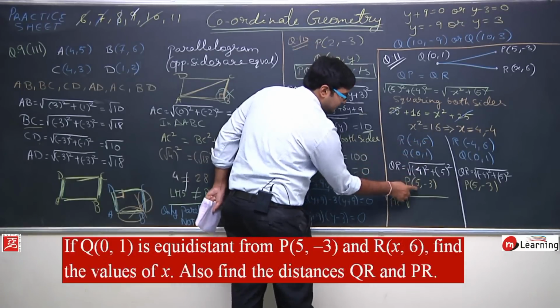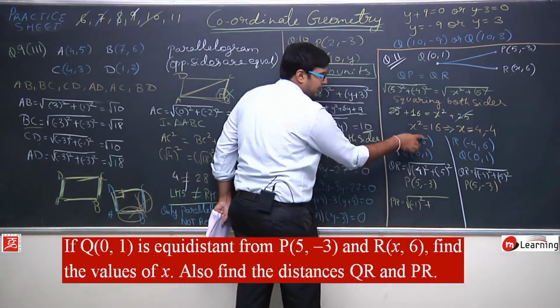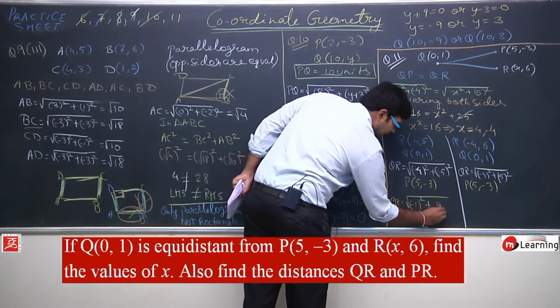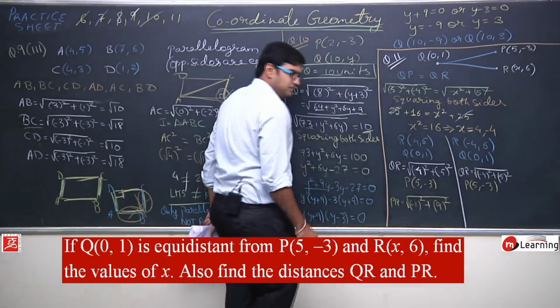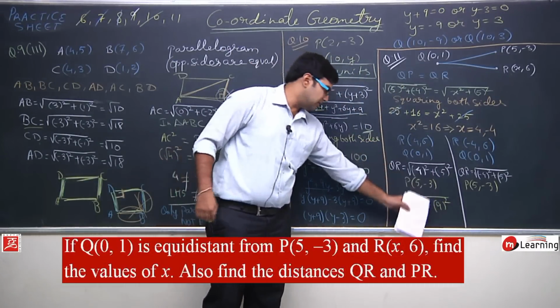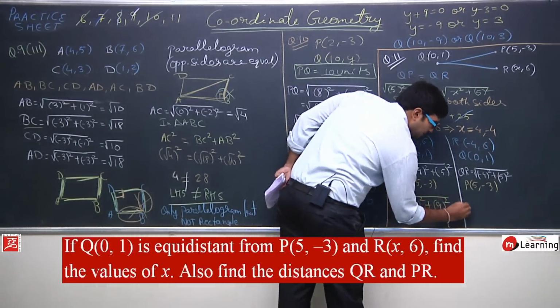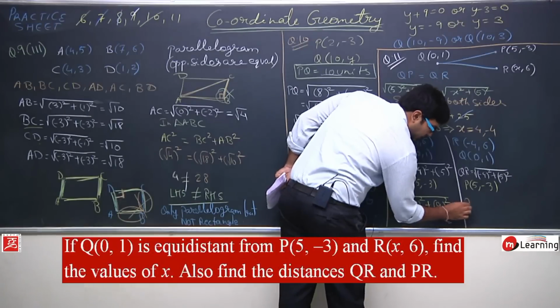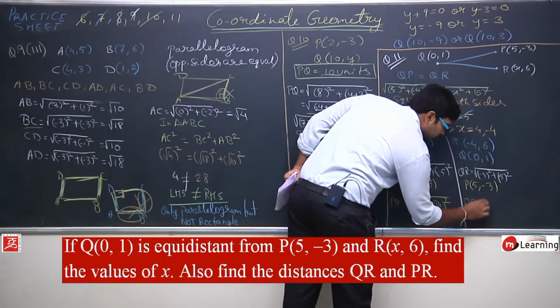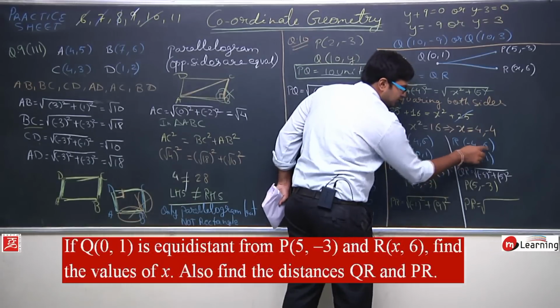So x2 minus x1 will give you minus 1 whole square, plus y2 minus y1 will give you 9 whole square. 6 minus of minus 3 will become plus 3. So 6 plus 3 is 9, that is 9 square. Then this is PR. PR value here also is square root of, this is x1 y1, this is x2 y2.